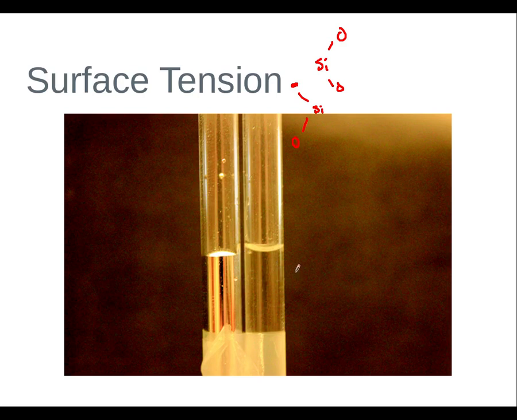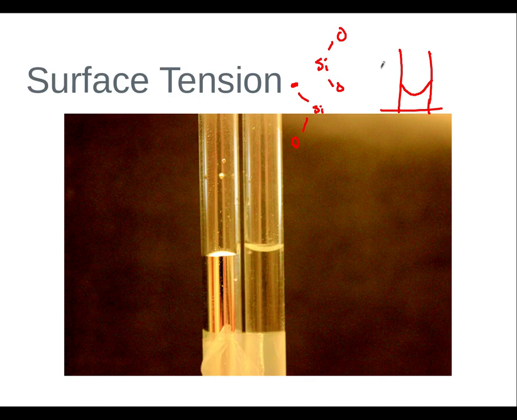Now, we can do something in the lab to actually see this a little bit easier. If we were to take a graduated cylinder, it doesn't matter what kind we use, and get inside the top with some car wax, like the stuff we put on our cars, and then fill the water up to that point, when it's not hitting where the wax is, we would have that normal curvature going down.